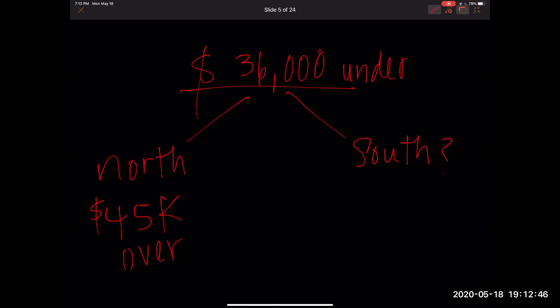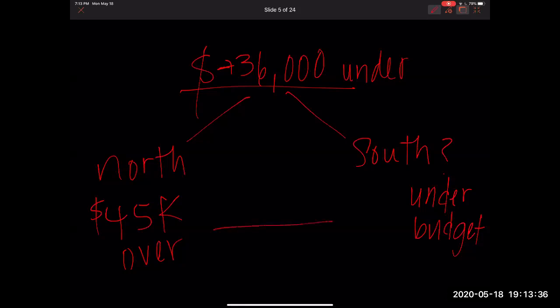If the overall amount has to be under budget by 36,000 and the north is 45,000 over, I don't know if you remember absolute value or however you want to solve it, but what I know for sure is that the south has to be under budget by a significant amount, because the north is 45,000 over, but the overall total has to be under.